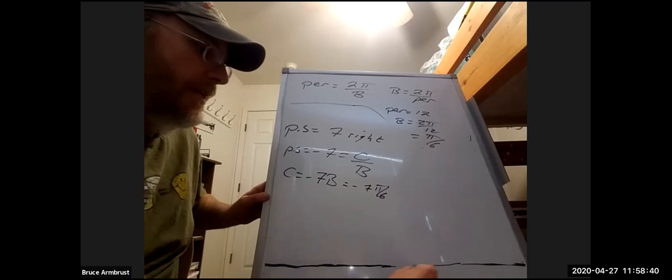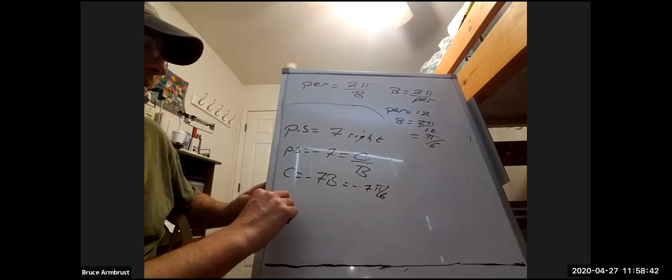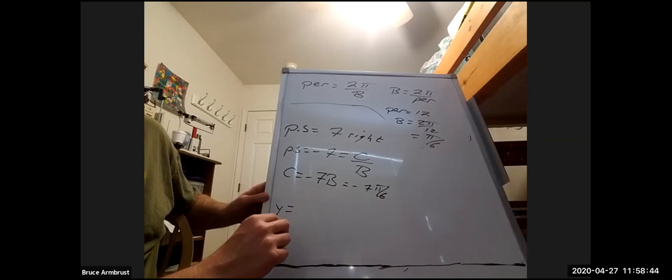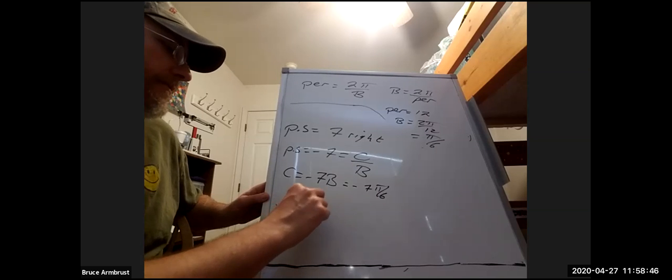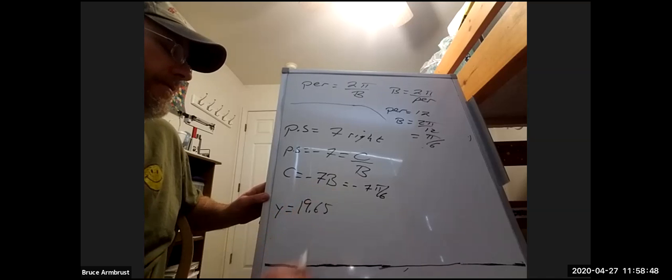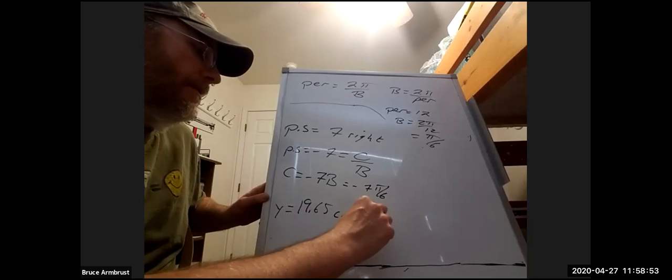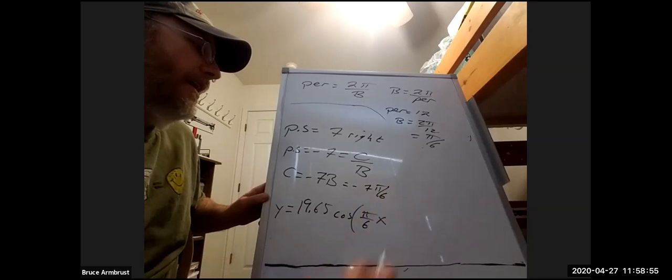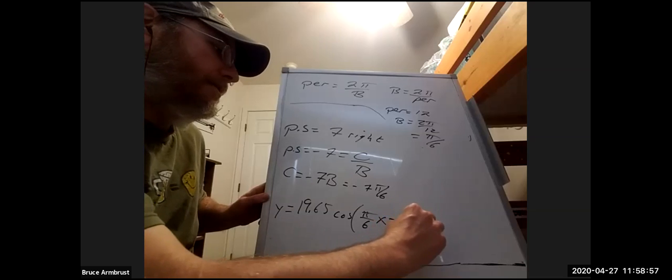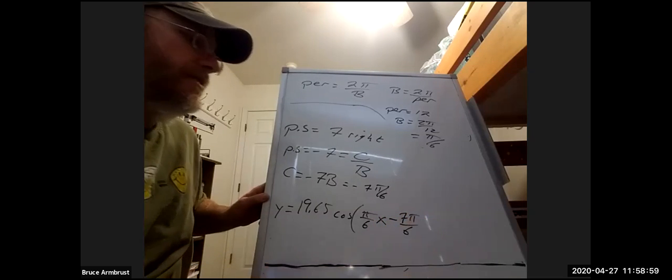So if I put that all together now, this is what my function is going to look like. I've got y equals 19.65. So we already saw that amplitude was good. I'm going to go with cosine of pi over 6 times x minus 7 pi over 6.